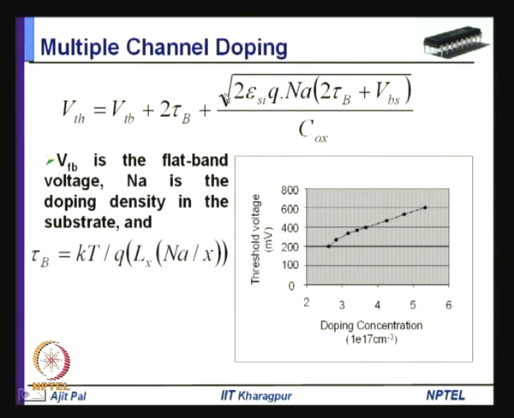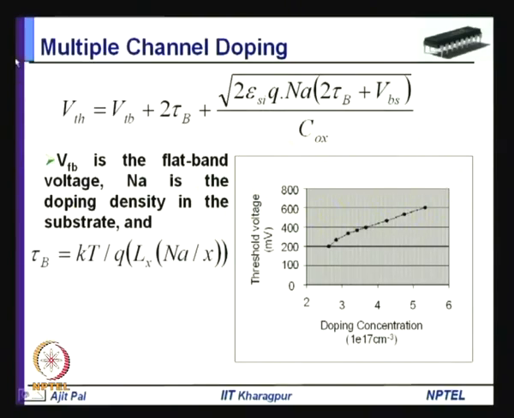So, multiple channel doping is a technique where within the channel you have to perform a kind of ion implantation to achieve some level of doping, and you can see how the threshold voltage is related to the doping concentration Na. So, Na factor is here, and Na factor is also in this factor tau b.